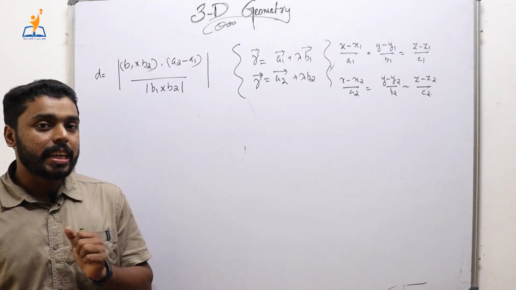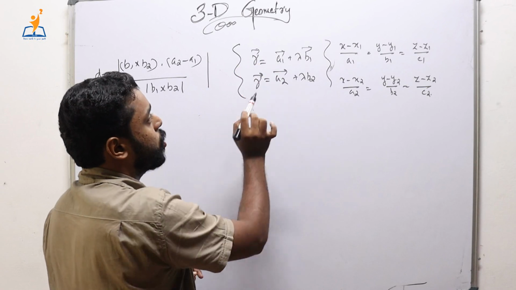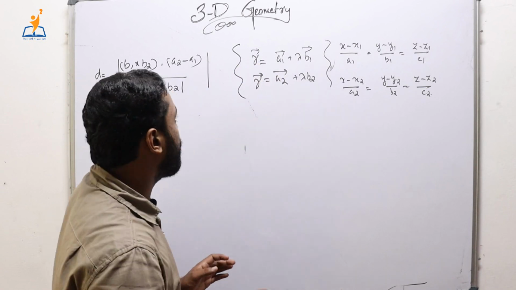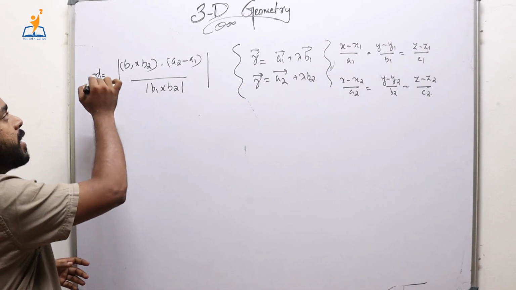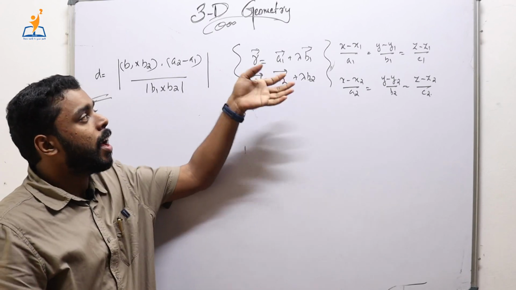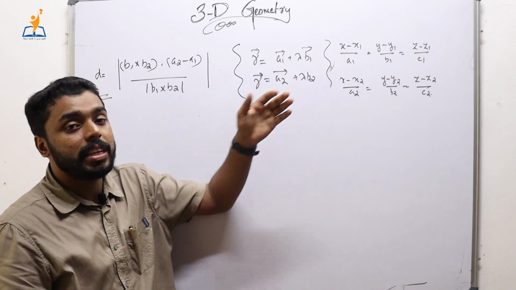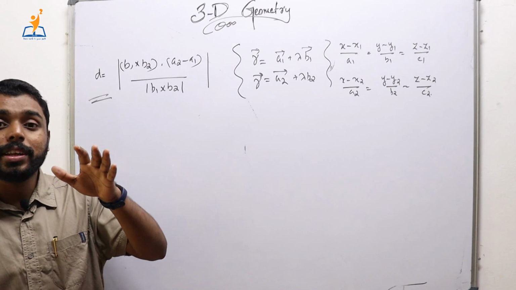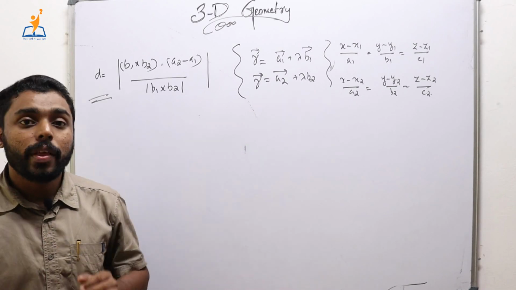So we discovered that whenever we are given two lines L1 and L2 of the form A1 plus lambda B1 and A2 plus lambda B2, we can easily find the shortest distance between them using this formula, isn't it? Here A1 is the position vector of a point on the first line, and B1 is the vector parallel to that line. A2 is the position vector of a point on the second line and B2 is the vector parallel to that line.